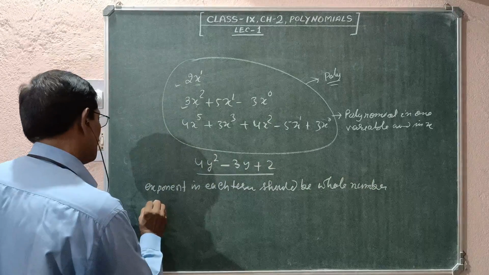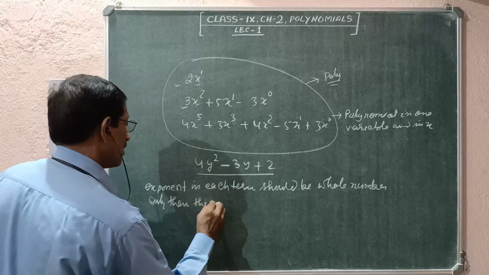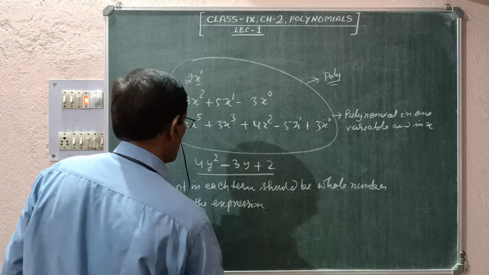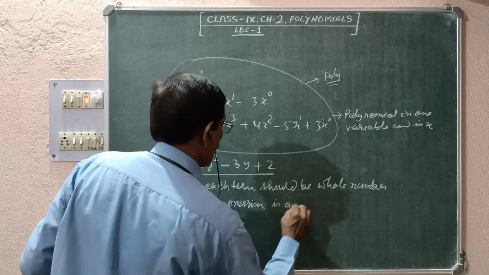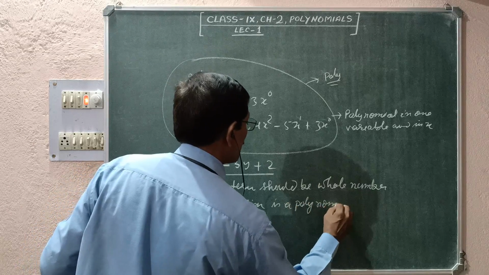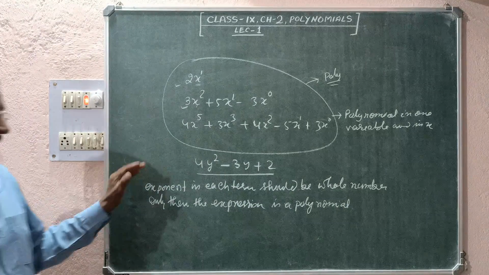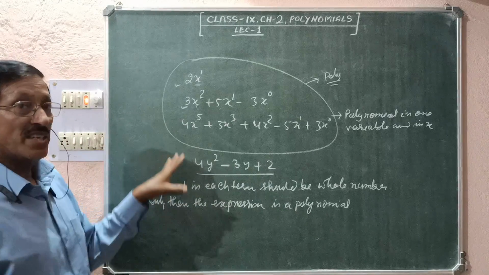Only then the expression, that means algebraic expression, is a polynomial. So this is the identification of polynomial. In this way we identify the polynomial.